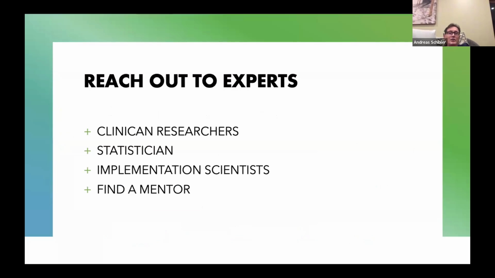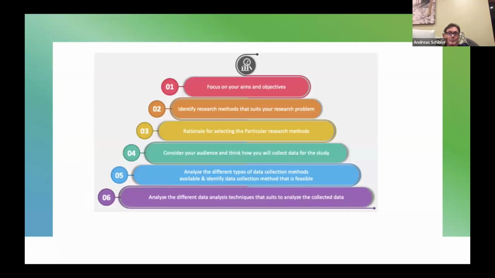Without a statistician, you're not going to be successful in your research. And if you do implementation science, ask implementation scientists. And to be honest, for young researchers, don't be shy to send an email to a mentor and say, can you help me, and find some answers.